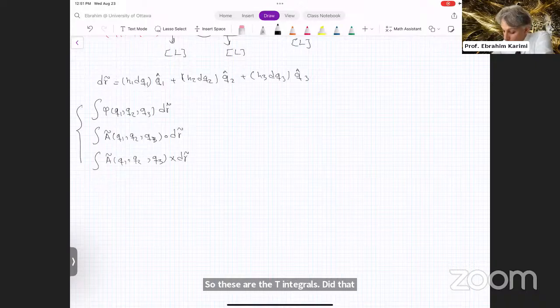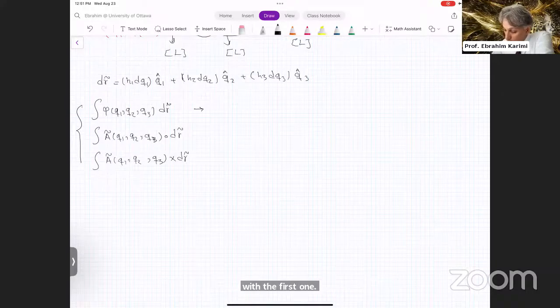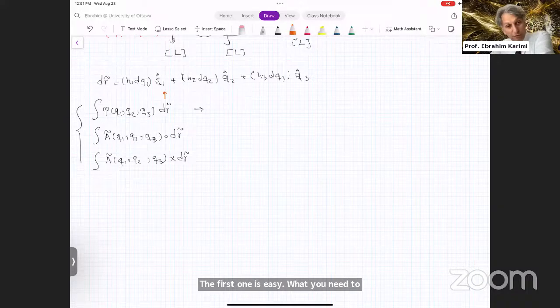Let's go with the first one. The first one is easy. What you need to do is replace dr with whatever we have here. So it becomes 3 integrals on Q1, Q2, and Q3, okay?